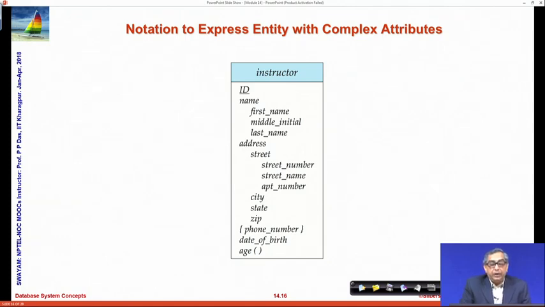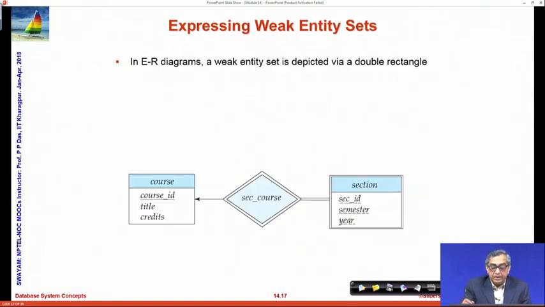Next, we take a look into the handling of complex attributes. You remember that the first kind of complex attribute is one which is composite, say name, which has first name, middle initial and last name.